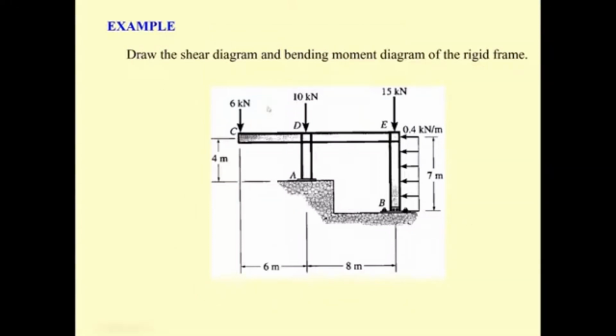Okay, we are working on the new example on the analysis of a statically determinate frame. This frame is a kind of steel frame having 4 members.